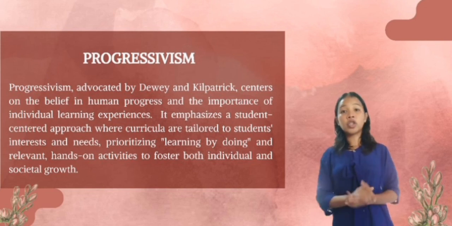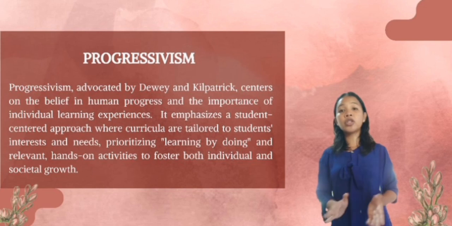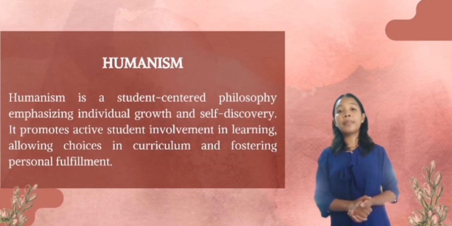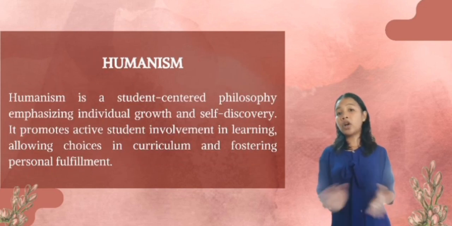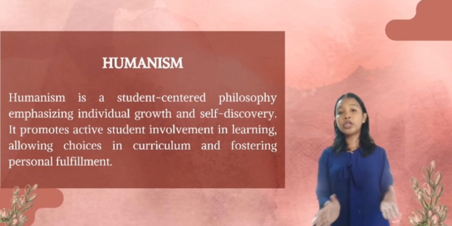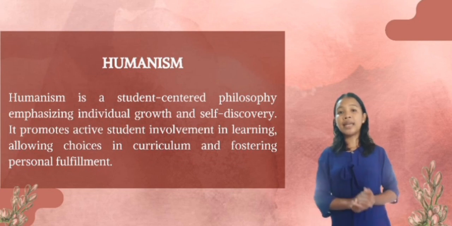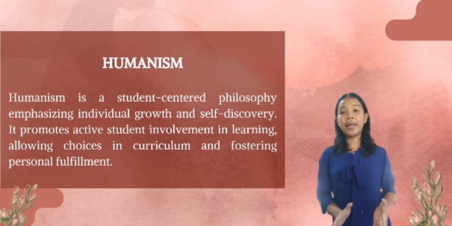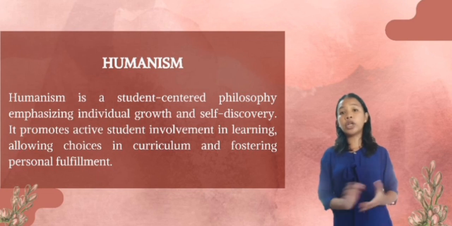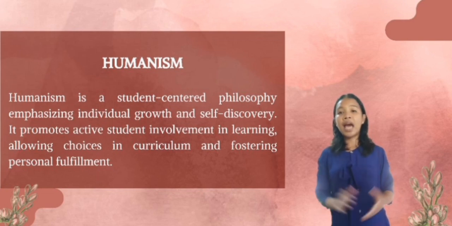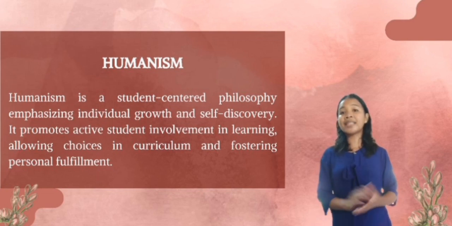The second philosophy under the learner-centered philosophies is humanism. It is a student-centered philosophy that focuses on enhancing one's innate goodness, rejects the idea of group-oriented education, and upholds the idea of enhancing individual development. The philosophy also believes that students should be actively involved with their education on all levels, and should be able to make choices about what they will learn.